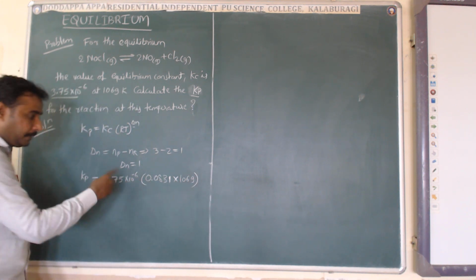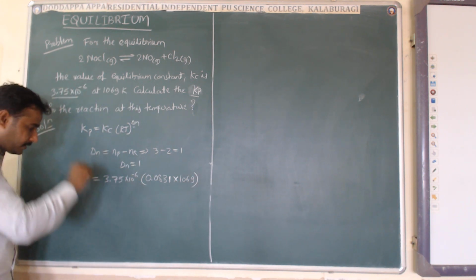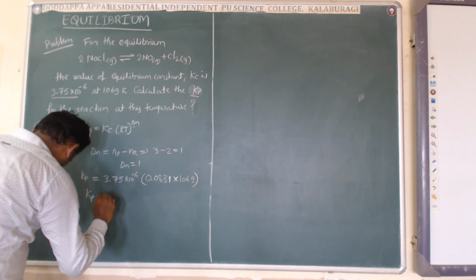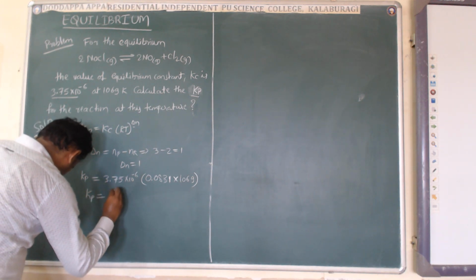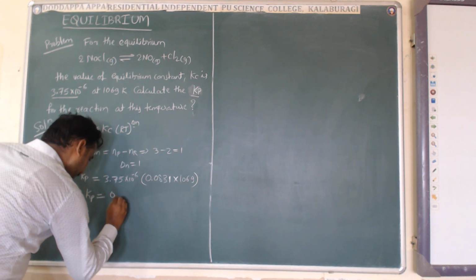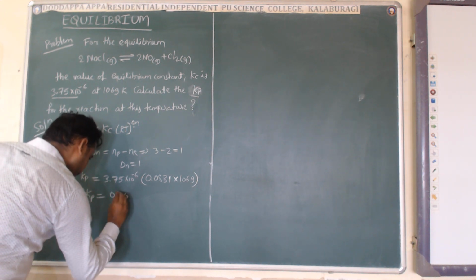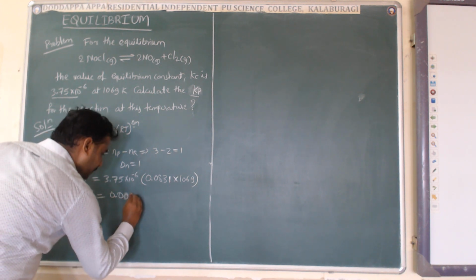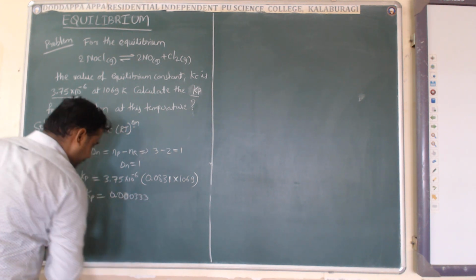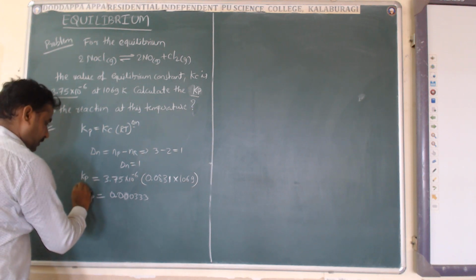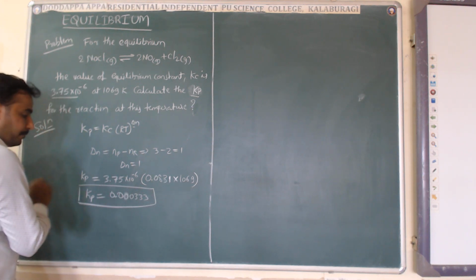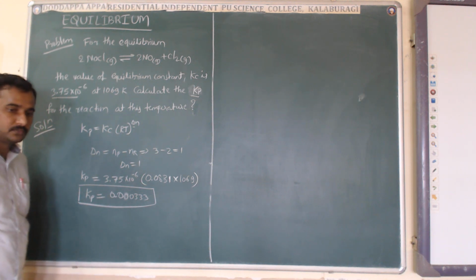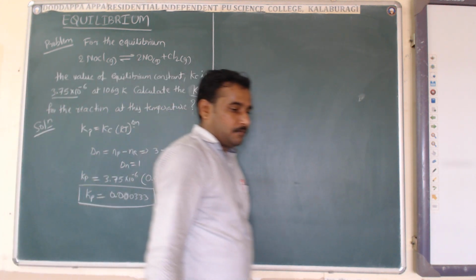Then you multiply, and the answer you get is Kp equal to 0.0000333. This is the Kp value.